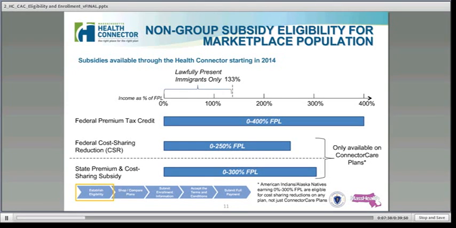So again, individuals within that income bracket could come in and be eligible for a QHP. However, for individuals with incomes from 0 to 133, the only folks eligible within that income bracket are lawfully present immigrants, okay, for Health Connector QHPs.